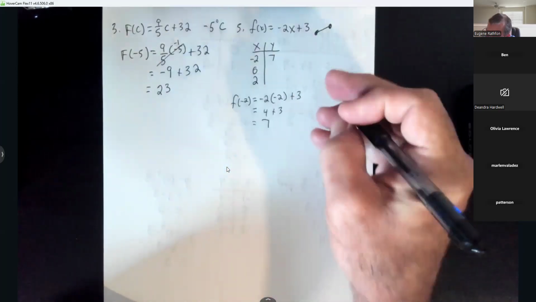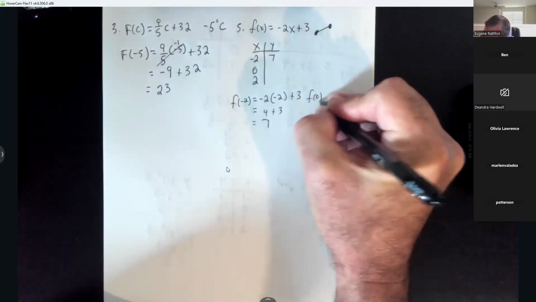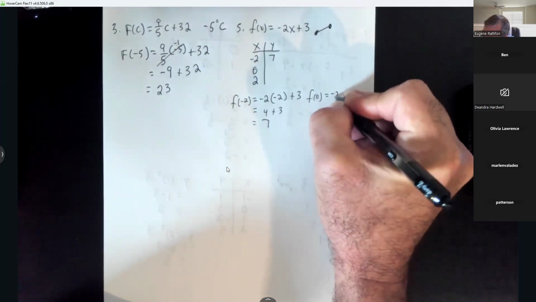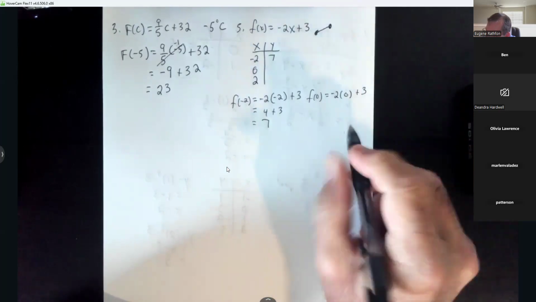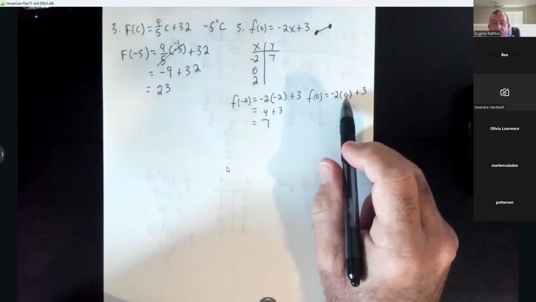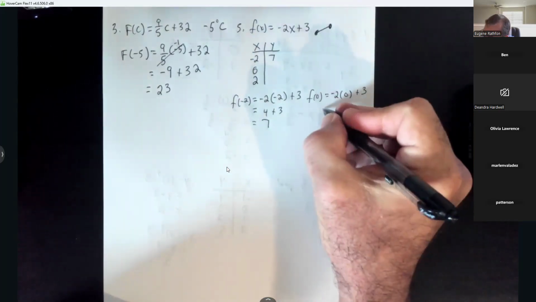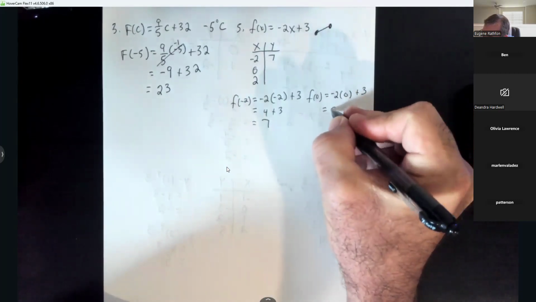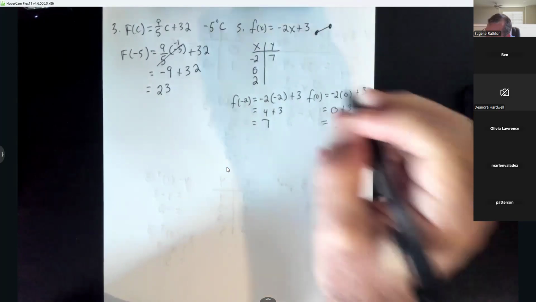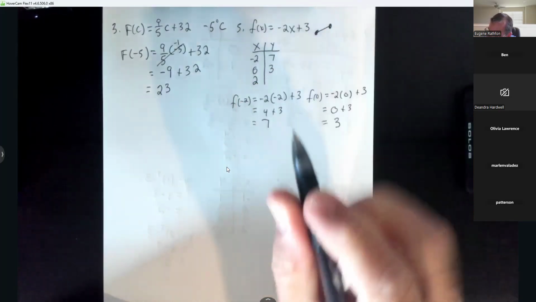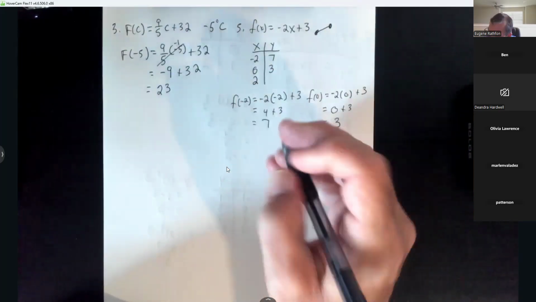All right, then he wants me to find f of 0. F of 0 will equal negative 2 times 0 plus 3. So same equation, I'm just putting a different number in for the x. Well, negative 2 times 0 is 0 plus 3, which gives me 3. Then I had to find f of 2.